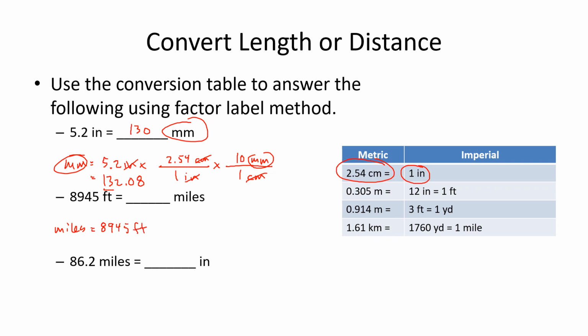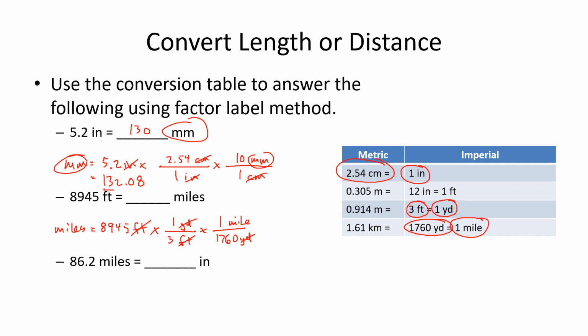What do we have here? We know we can go from feet to yards, and then we can go from yards to miles. Nice. Okay, so there are 3 feet in 1 yard, and there are 1,760 yards in 1 mile. Great. So feet cancel out, yards cancel out.